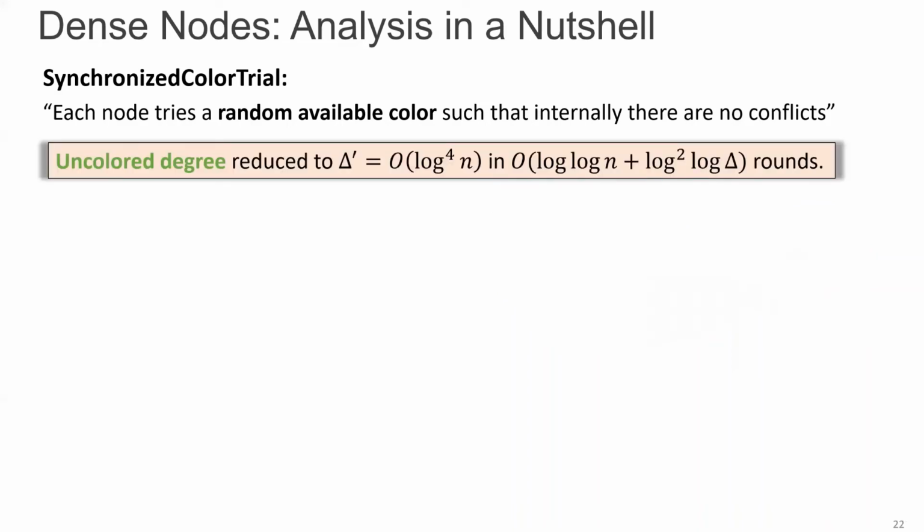But if we can do this, then we can show that the uncolored degree reduces again to log^4 n quickly. And the complexity here is mainly this, but for the sake of this talk, ignore this log n factor, which is just a technicality, it is mainly log delta squared.